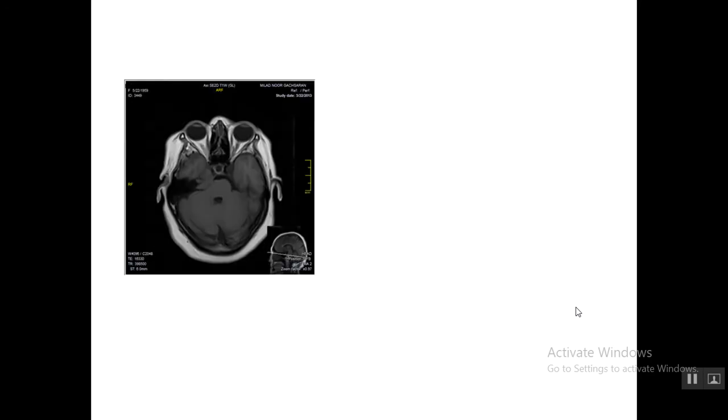The patient was referred to the radiology department due to headache, and he had no other abnormalities of skin or GI or other systems of the body.